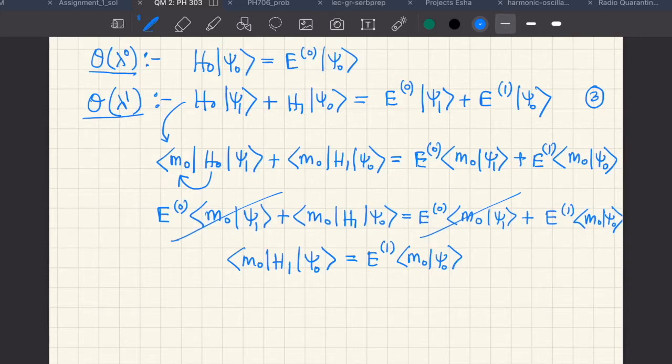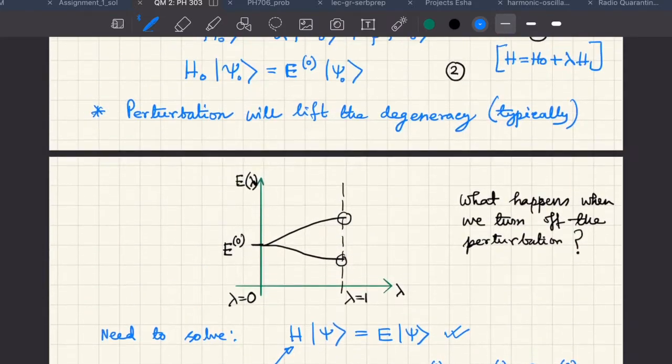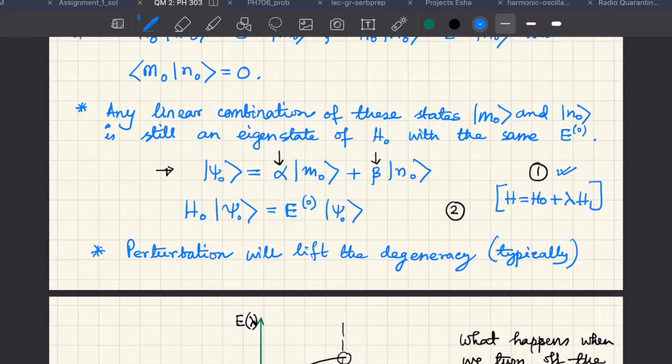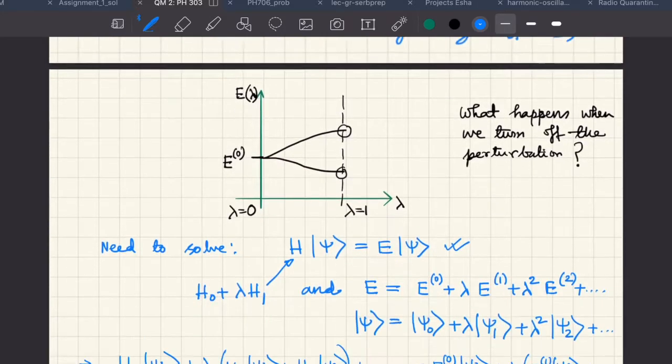So here what you explicitly do is that you substitute equation 1. The equation 1 was this first equation which wrote this ket psi naught in terms of the two degenerate states m naught and n naught.